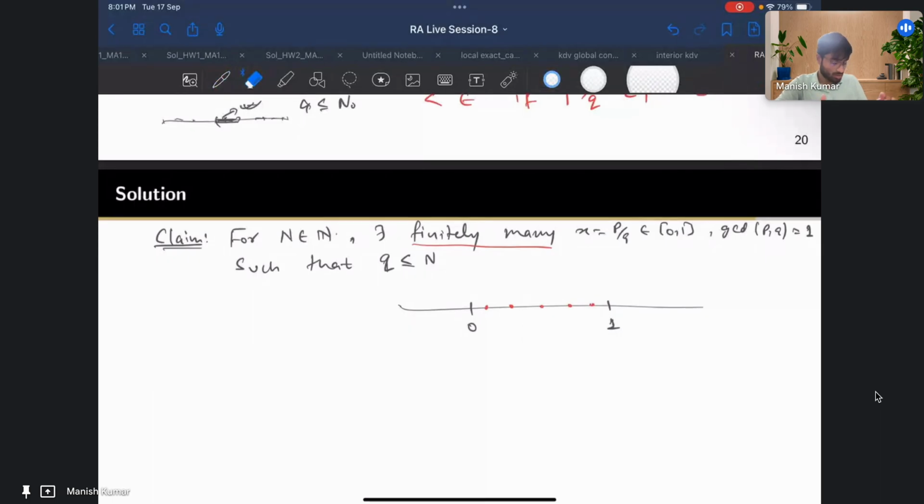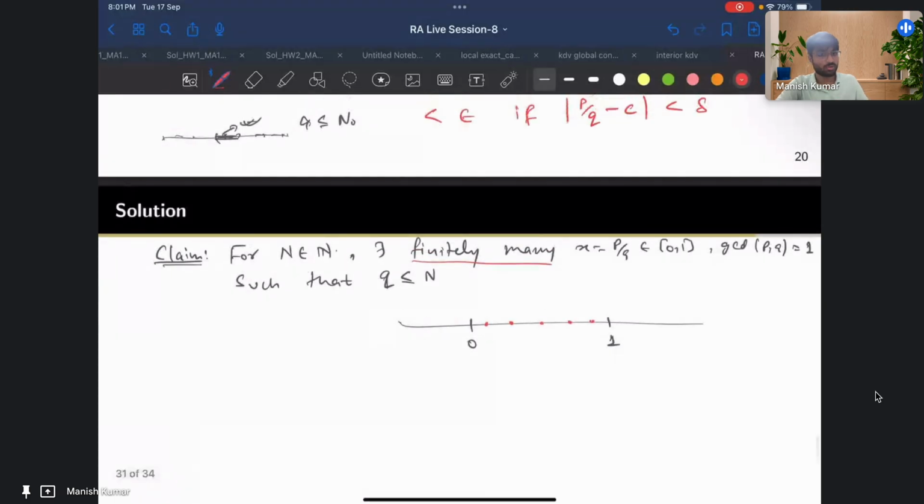Let me just stick to this point, then I'll come to the next conclusion. This will eventually solve the problem, because if you have any point C here, since there are only finitely many rationals whose denominator is less than or equal to n, then I will leave these points and take a neighborhood like this.